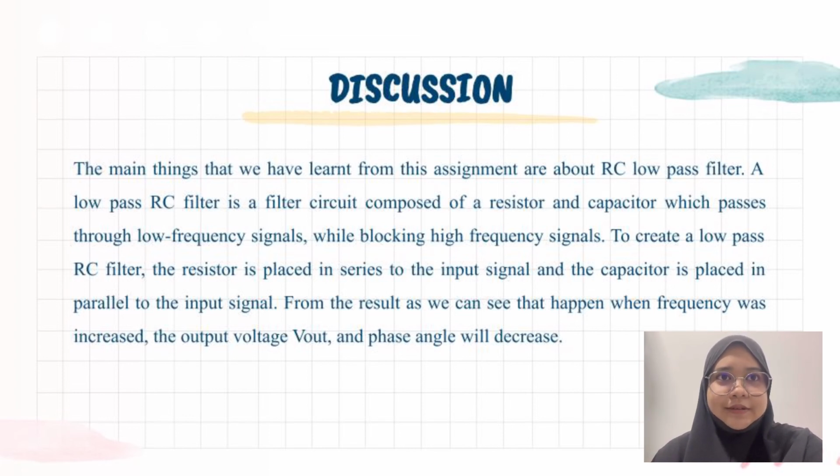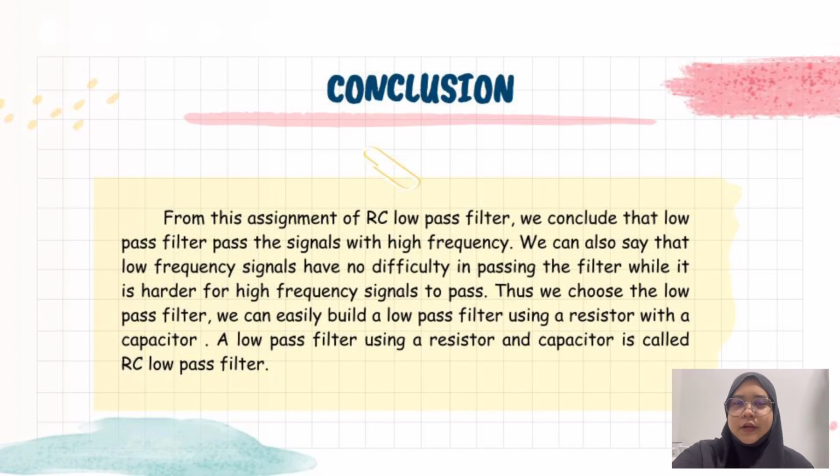From the result, as we can see, when the frequency is increased, the output voltage Vout and phase angle will decrease. From this assignment on the RC low pass filter, we conclude that a low pass filter passes low frequency signals.